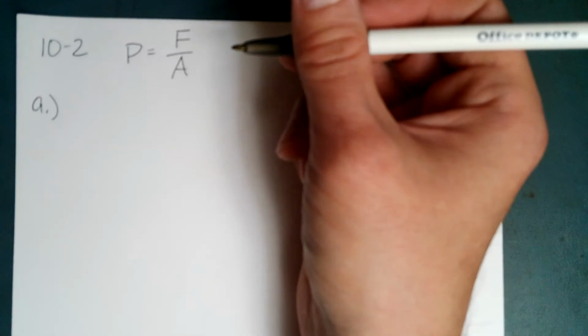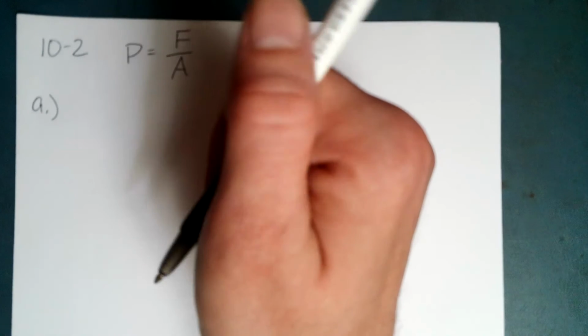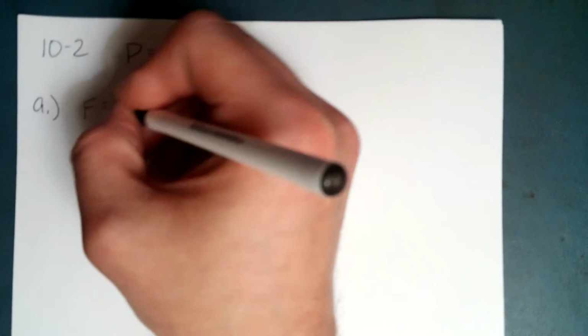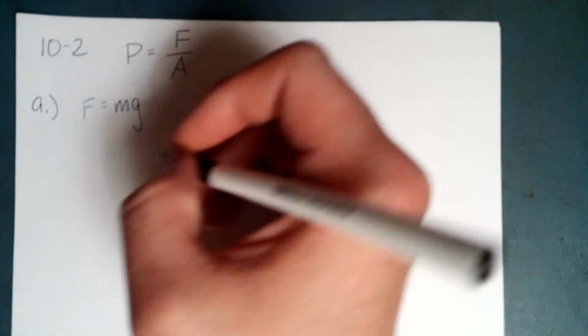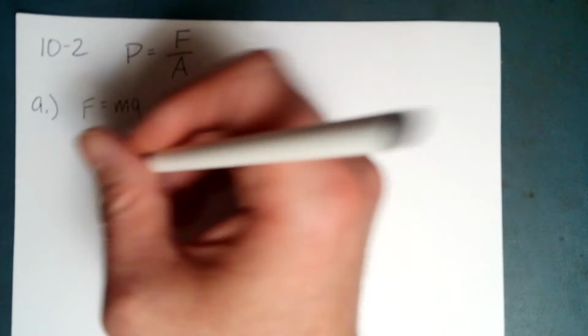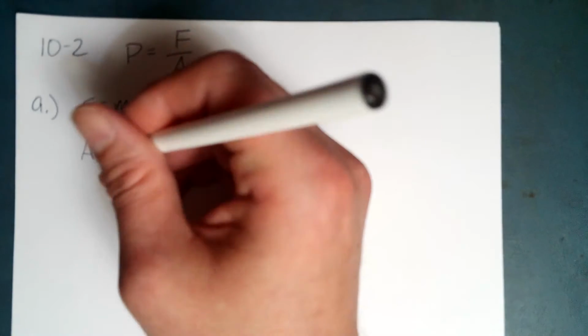Well, we need to look for what force is involved here, and this is a person standing on the ground, so we know the force is the weight, which is mass times g. And I mean, these first two examples are really straightforward.